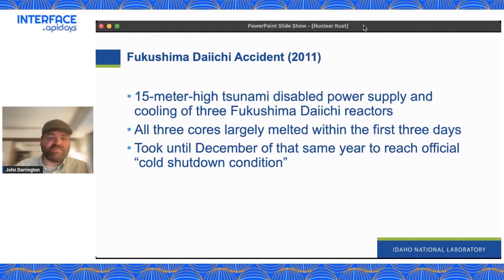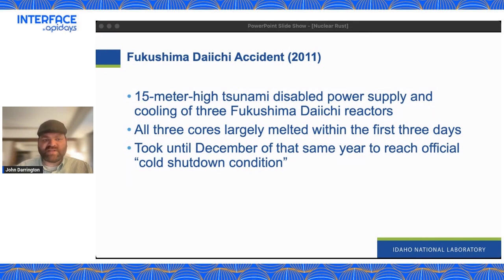It took until December of that year to reach a cold shutdown condition, where they were able to get into the reactor and do the things they needed to do. This was a big nuclear disaster. Thankfully, death counts stayed low to non-existent, with most deaths being attributed to the earthquake and tsunami rather than the nuclear disaster. So thankfully, it could have been a whole lot worse.